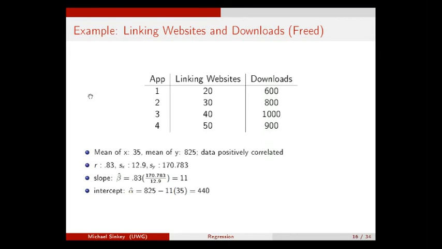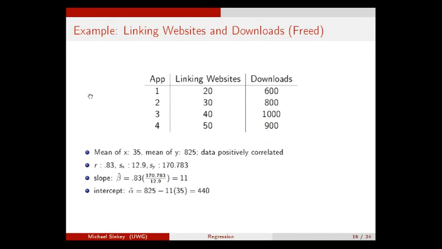Now the standard deviation, I take each data point, I subtract the mean and I square it. So I have 20 minus 35 squared, plus 30 minus 35 squared, plus 40 minus 35 squared, plus 50 minus 35 squared, or I have 225 plus 25 plus 25 plus 25, which is 500. I divide that by 3, which is 166.67.